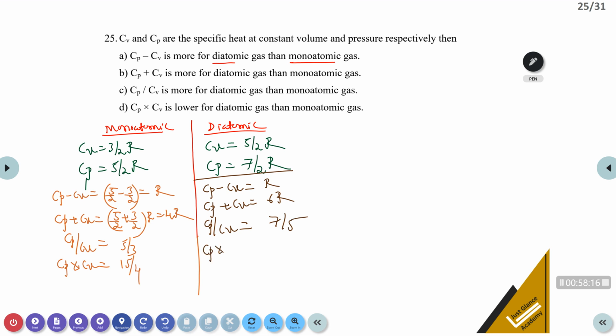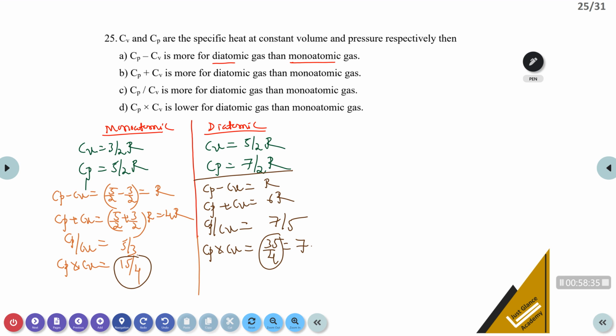Then Cp into Cv equal to 35 by 4, which is 7 point something. Anyway, it is 15 by 4 for monoatomic and 35 by 4 for diatomic.